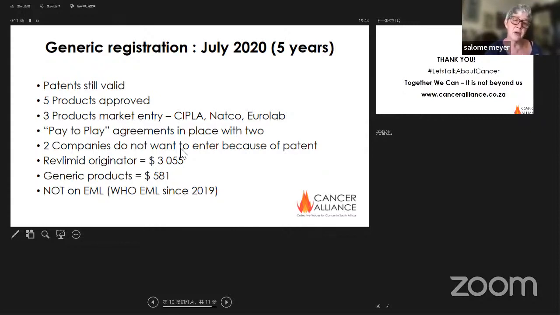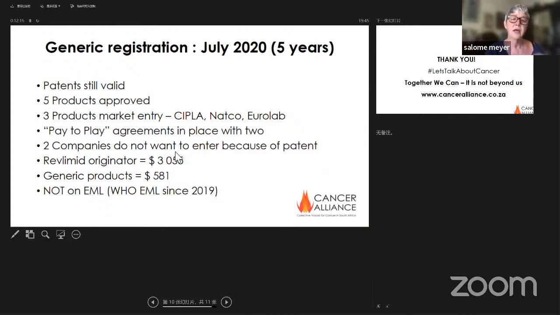And since the products have entered the market, you can see there has been a substantial price reduction from the originator to the generic products. And even with the generic products, in the last year, we have seen a definite price war between the 3 companies in terms of lowering the price.